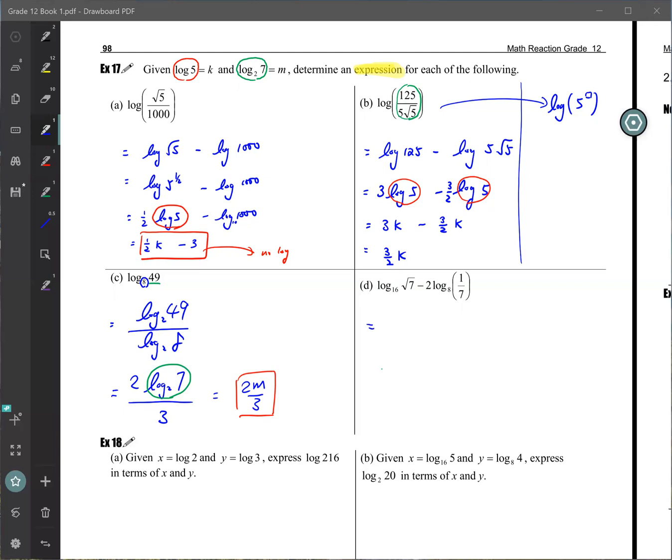Your very first step is to make all the bases become 2, okay? That's your very first step.